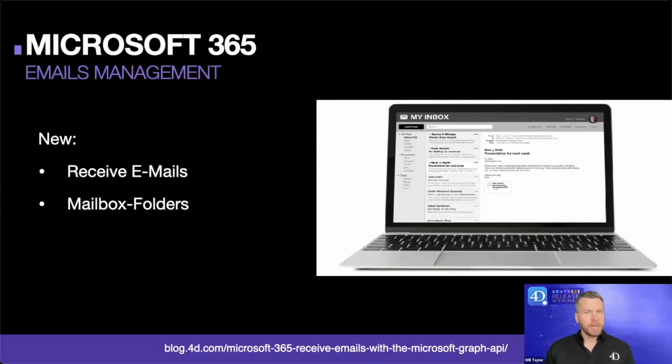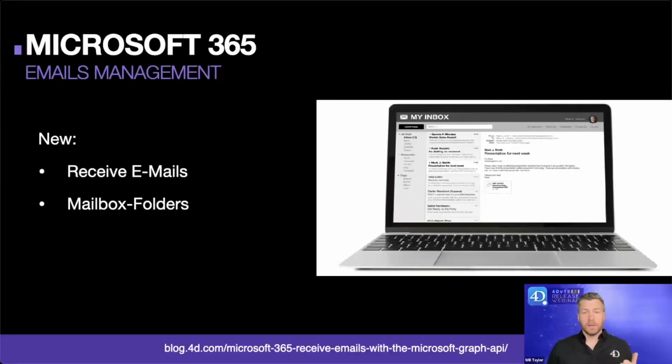Now, as you may already know, 4D NetKit is an integrated component from 4D that allows you to interact with third-party web services and their APIs, like Microsoft Graph. And with 19 R8, we added new commands to this component that allow you to manage your emails via the Microsoft Graph API.